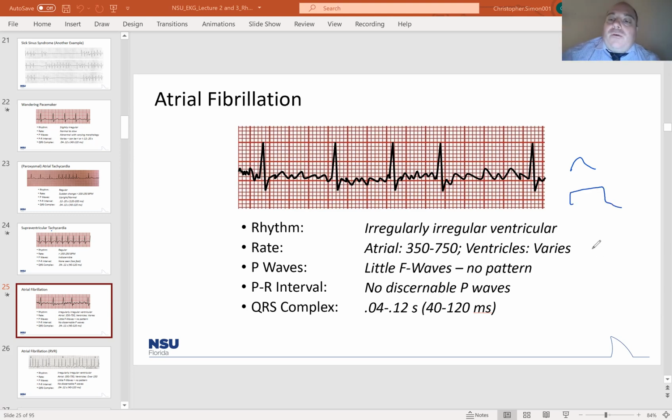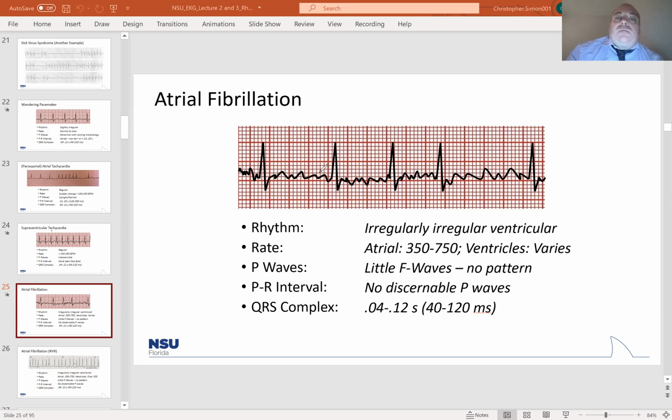If a P wave comes from somewhere else, it might look like that. Because we're getting these impulses from all different places in the atria, it starts to look different. And if you were to actually look at the heart, the atrium is not really pumping effectively. It's just quivering, and it's literally fibrillating. That's why we call it atrial fibrillation, right?